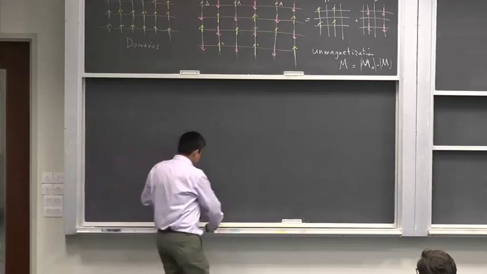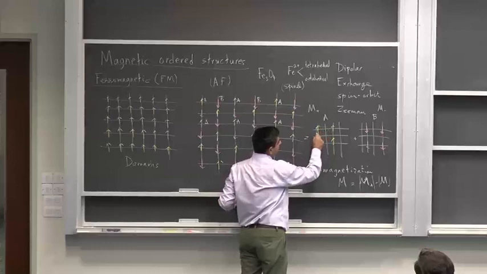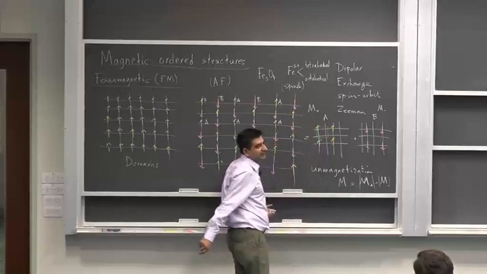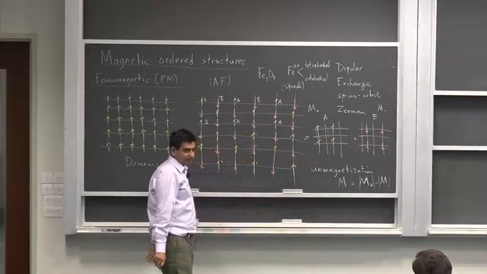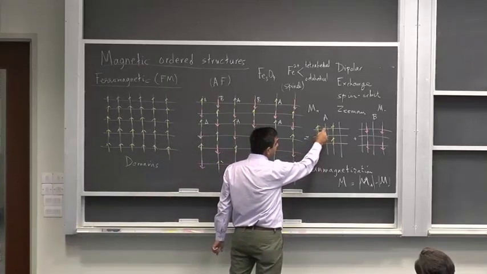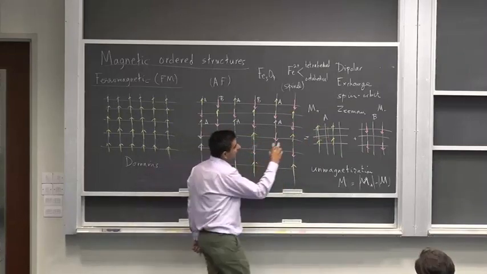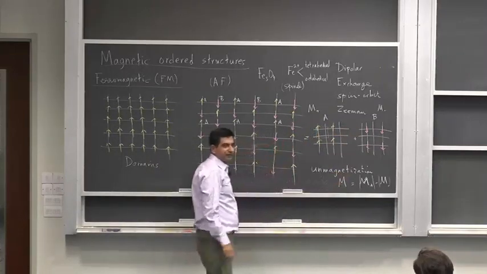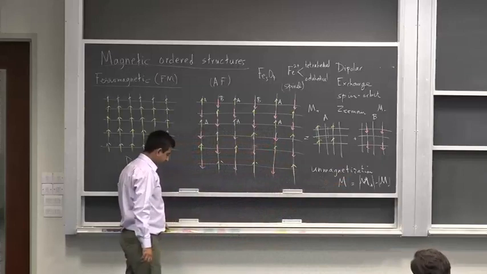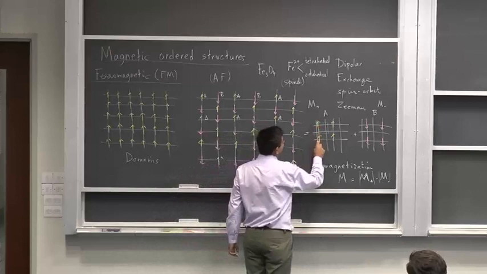But if you look at this, this is in two dimensions. This forms one unit cell in the magnetic domain, which comprises sites on A and B. This is one unit cell, and the entire structure can be built up from these unit cells. Chemically, the unit cell is this one.